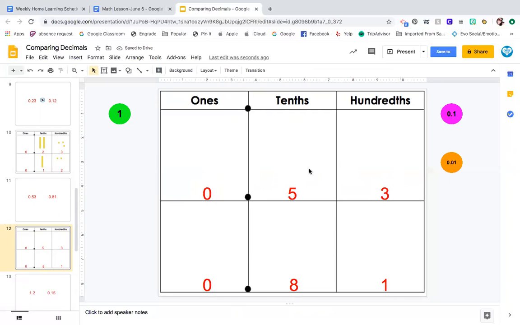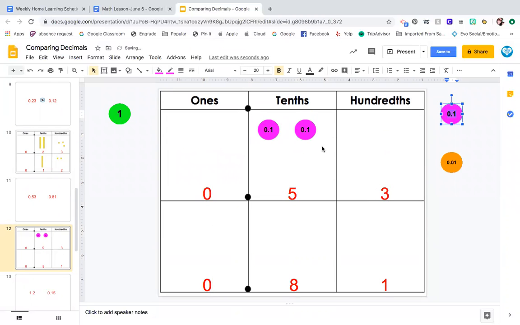We're going to move over to the tenths. This one has 5, so we're going to pull over 5 tenths discs. These purple discs on my screen are tenths because they're labeled 0 and 1/10. That's what their value is. And then this one has 8 tenths.